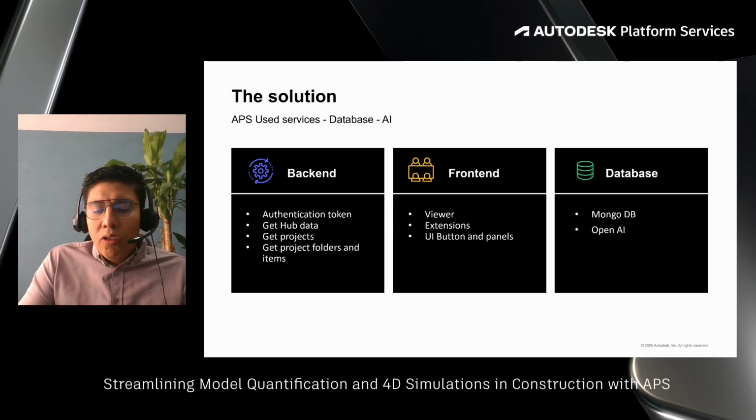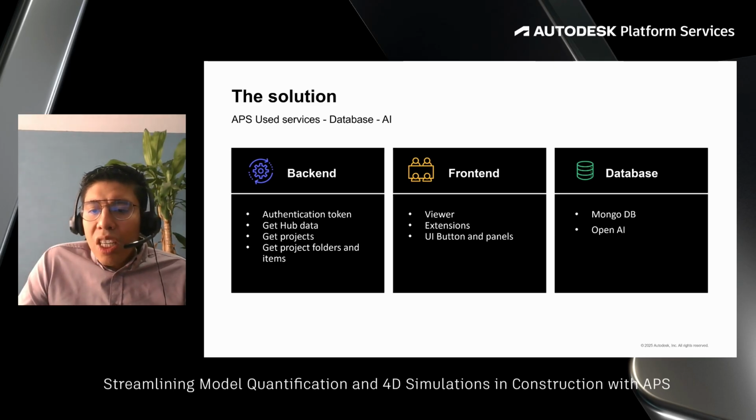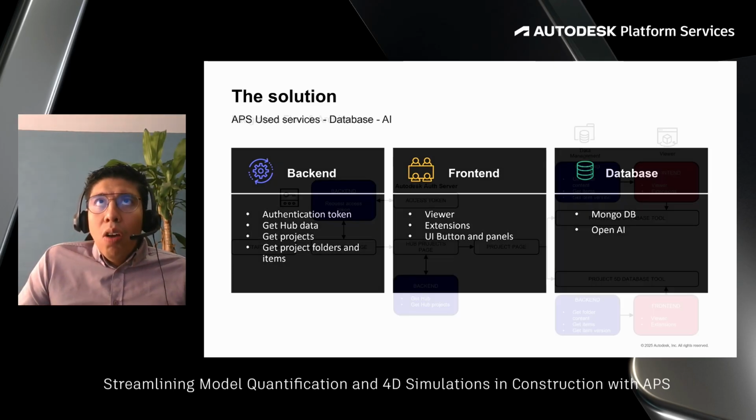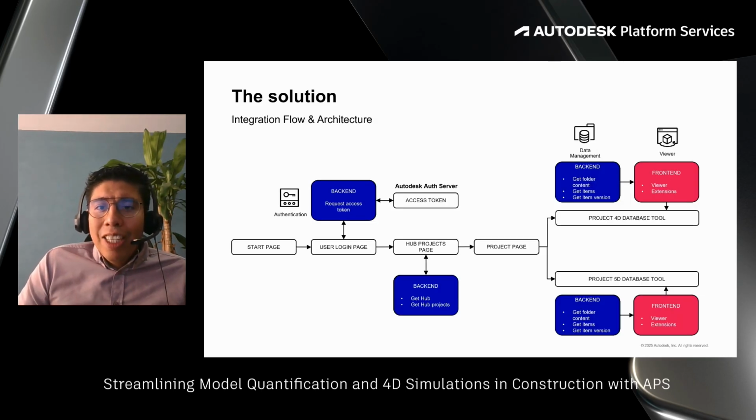In the front end, I extract this data from the backend and pull this URL to start a viewer. Then I provide some extensions to extract the data from the model and put it into a database. And also, I provide an OpenAI module.